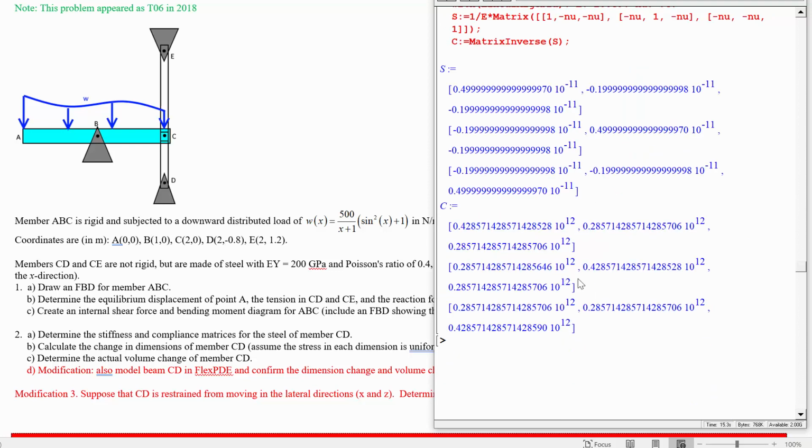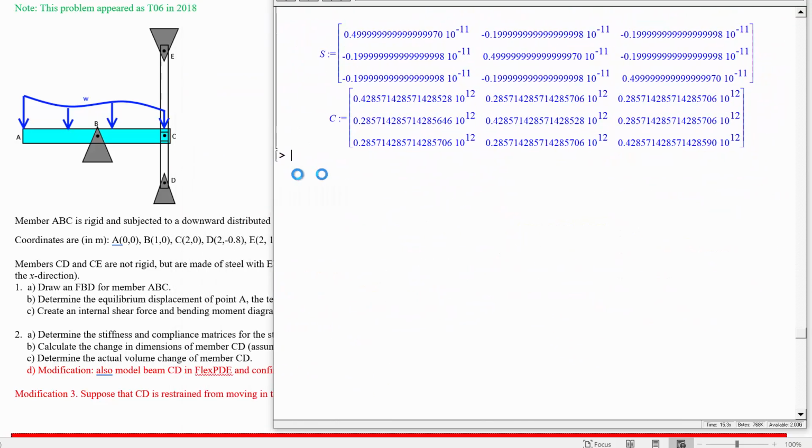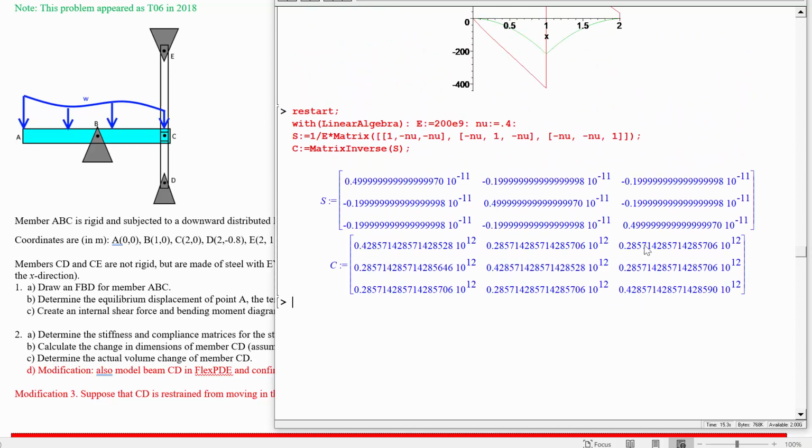Okay, so there we go. If it looks like this, that just means that we don't have a large enough screen to show the matrices as matrices. There's a lot of decimals here. If you mess around with Maple's display precision, then you can have it round to a different number of digits, because this is clearly not quite right. There's too many decimals in this.